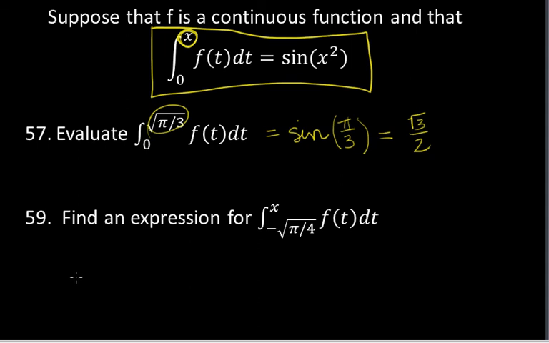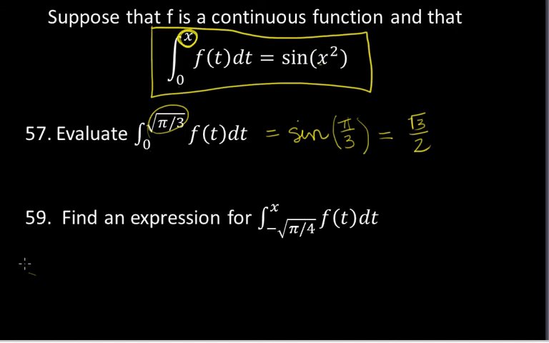Now in number 59, it doesn't look exactly like what we have there, but we'll use properties of integrals in order to write this in a different way that will make it fit this definition, because that's all we know, is that the integral from bottom limit 0 to an upper limit is the sine of that upper limit squared.